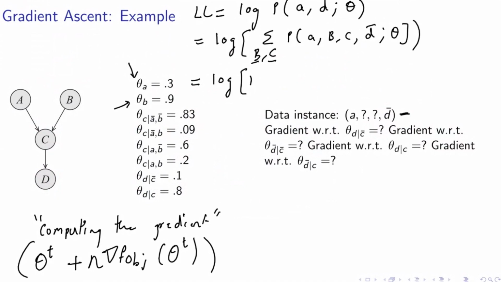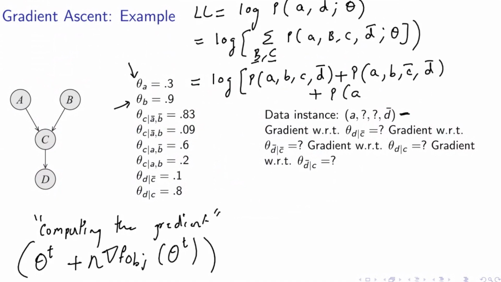So this is log of P of A, B, C, D bar, and I'm going to ignore the theta, plus P of A, B, C bar, D bar, plus P of A, B bar, C, D bar, plus P of A, B bar, C bar, D bar. That's the expression for the log likelihood.